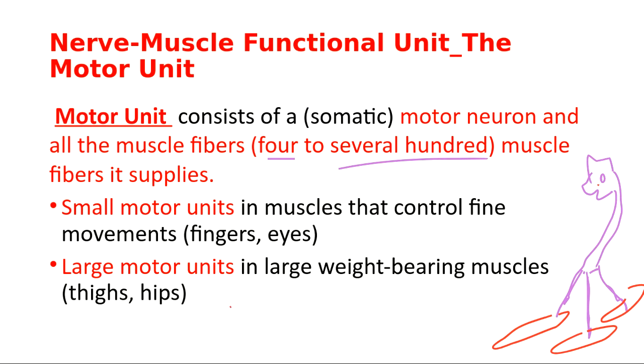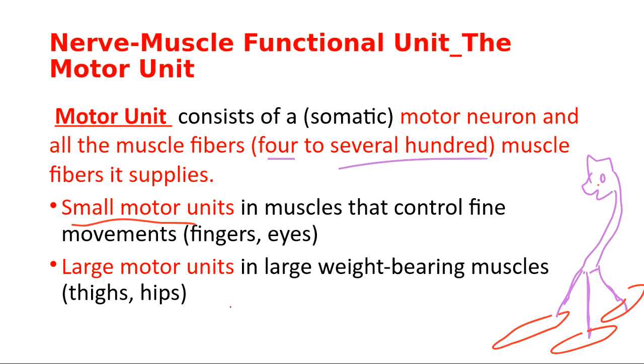So you have one neuron innervating 100 muscle cells. A small motor unit is one in which the neuron is only in charge of stimulating a few muscle cells, let's say 5.